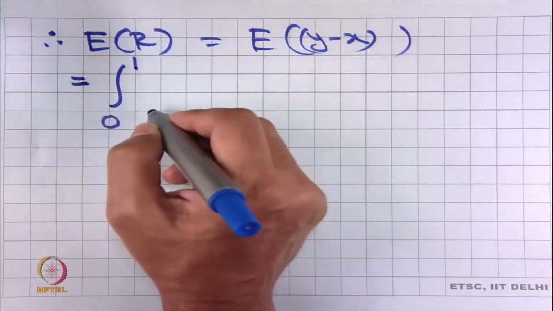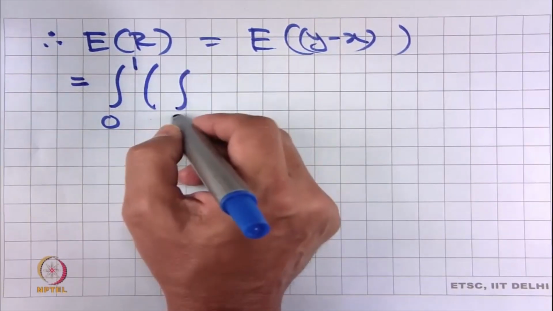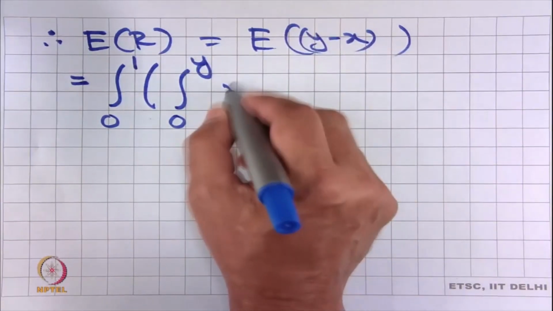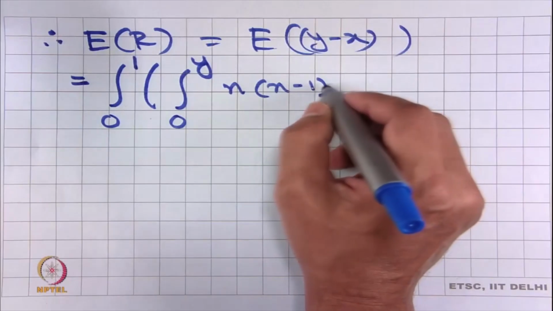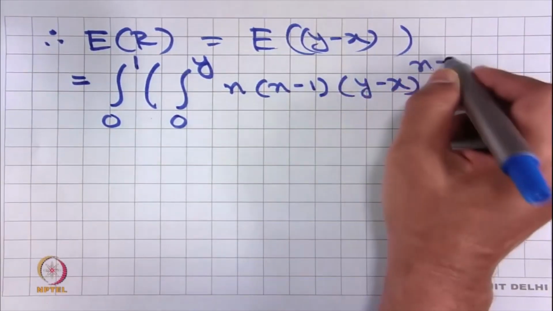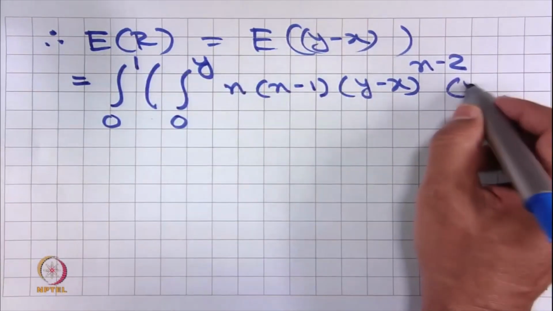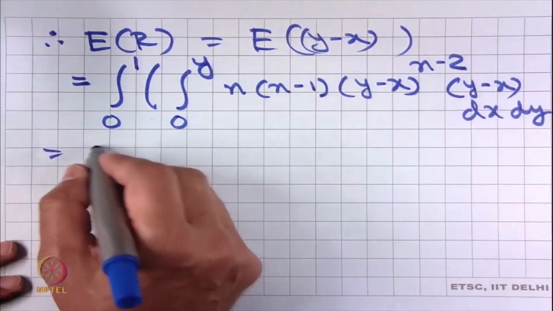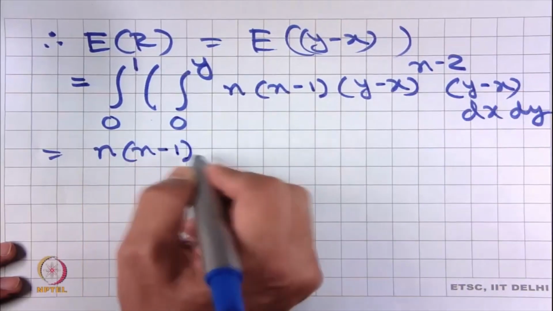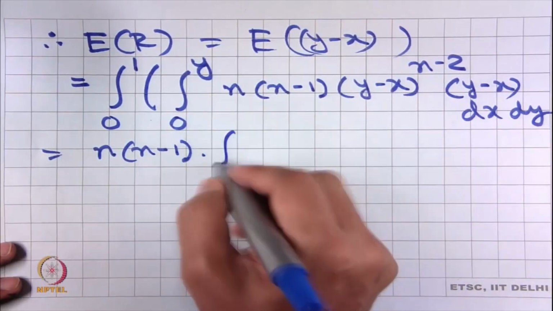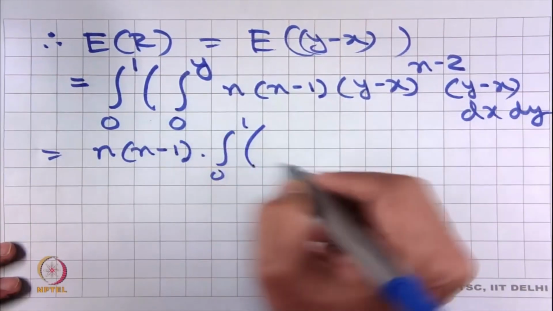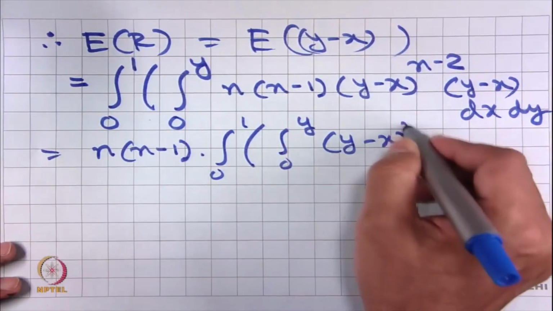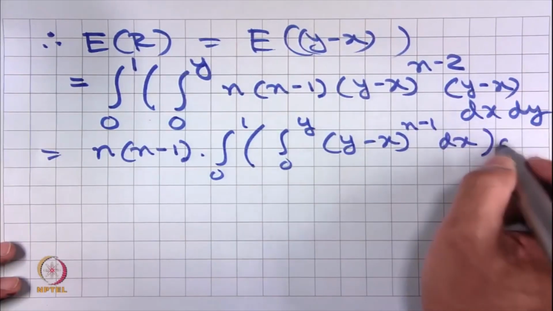Suppose y goes from 0 to 1, then x can go only from 0 to y, because x cannot go beyond y, it is the smaller of the two. n into (n minus 1) into (y minus x) to the power n minus 2 into (y minus x) dx dy is equal to n into (n minus 1), integral 0 to 1, integral 0 to y, (y minus x) to the power n minus 1 dx dy.